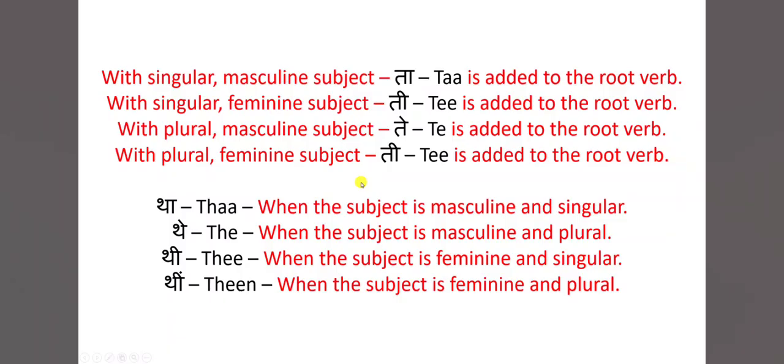Okay? So let me take each subject and teach you how to frame the sentences. Alright? Let me take one verb and then frame sentences with all the subjects, and then later we will look at various example sentences. Alright?